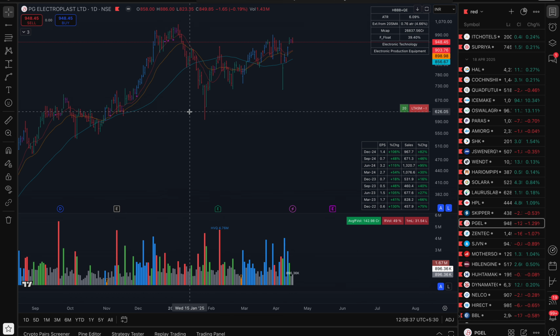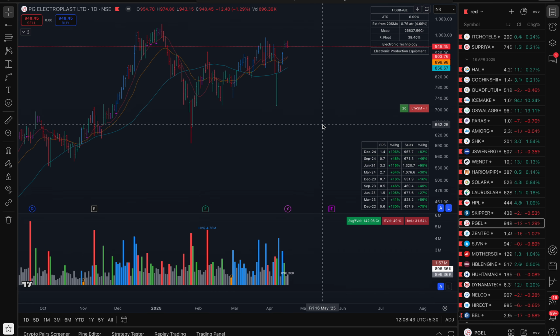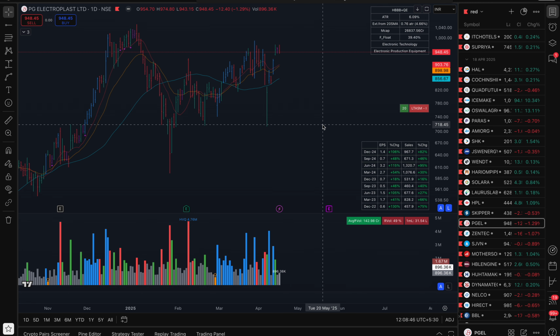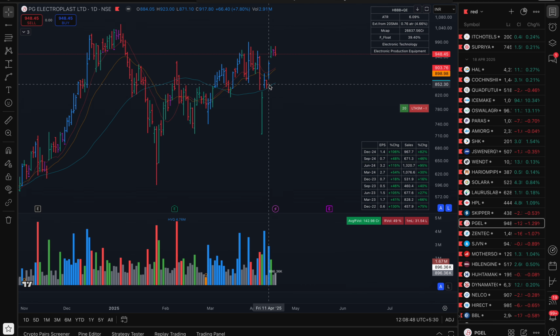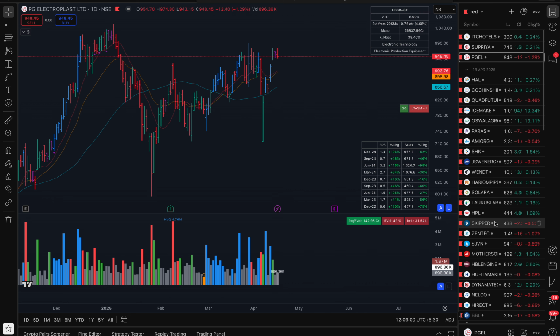So minus 40 is a really good base depth, in line with what Mr. O'Neill would have liked. And then every time it is coming back and bouncing off the 50, and then there is an actionable pivot here. So even though this is a big base, I would really like to look at it.